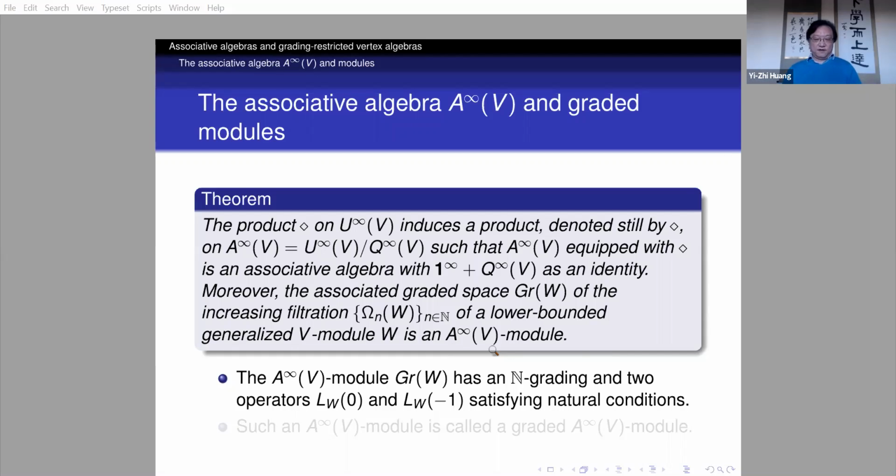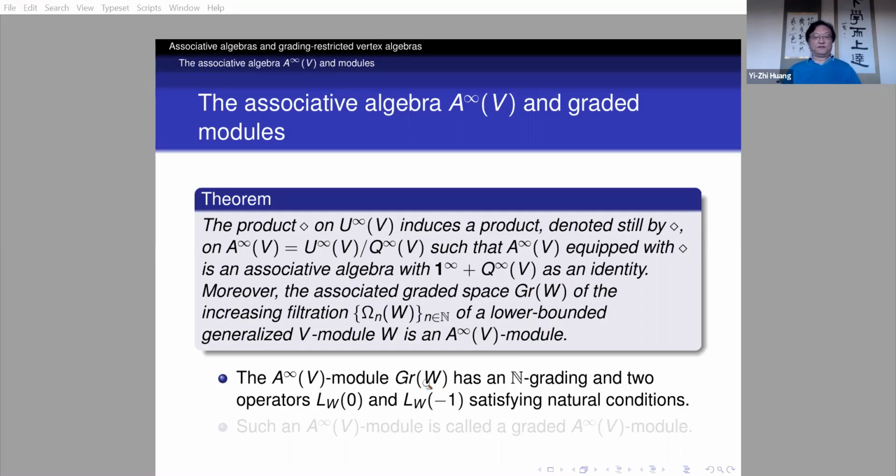But the module coming from some V module is special, because first of all, there is an N grading, since this graded space automatically has an N grading by definition. Also there are two operators, because originally we have L0 and L-1 acting on W, and they induce operators on this associated graded space.